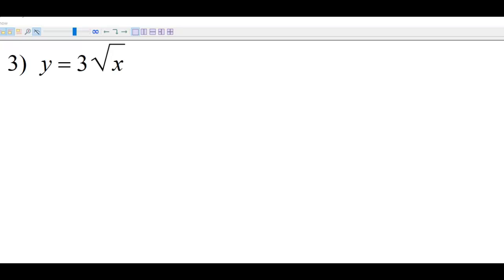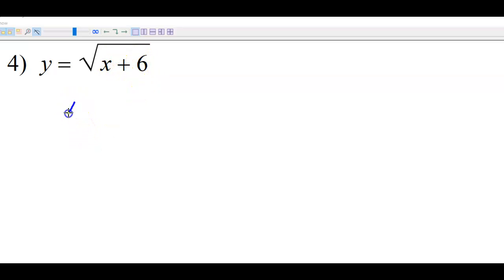Okay. So let's go ahead and look at the next example. Again, in this one, I have a square root, so I have to think about excluding my domain. Because of the square root, I need to make sure that the value under here ends up being greater than or equal to 0.